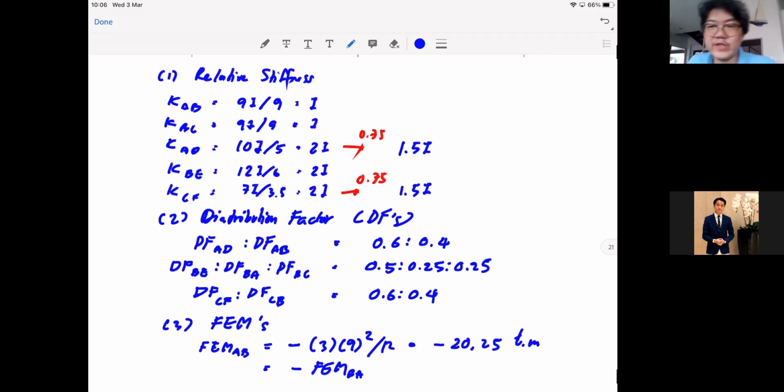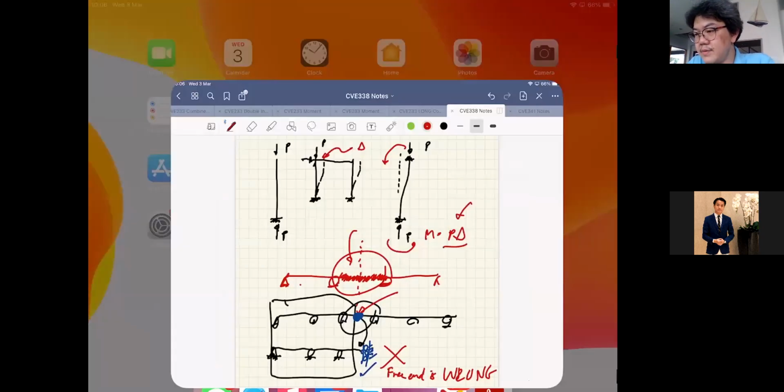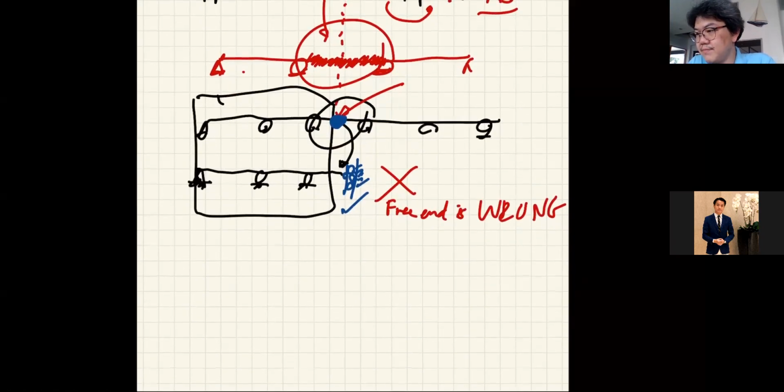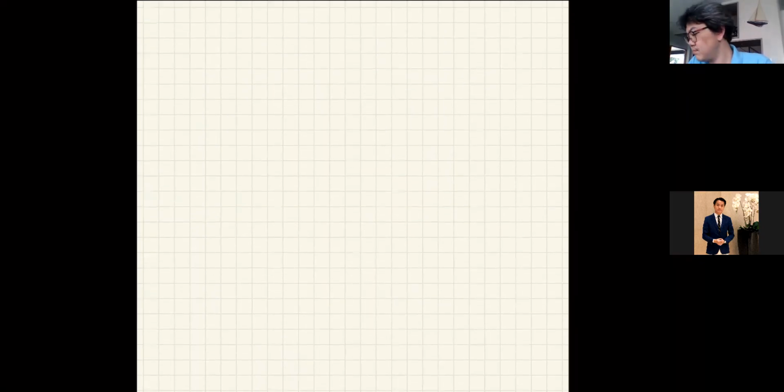So we are quite ready to do the distribution, you know. So let me just switch to good note, and hopefully I can write them down in good order. Okay, here we are. Wow. Okay, I have to use this smaller line, and let's try to establish something in the middle.